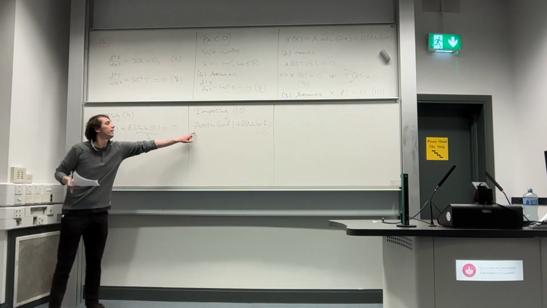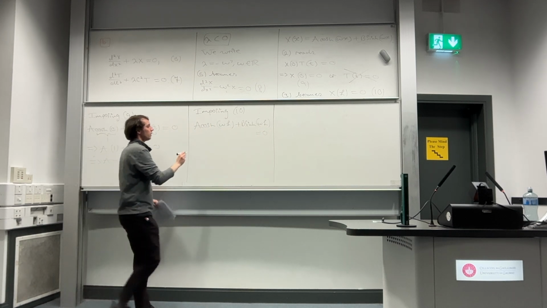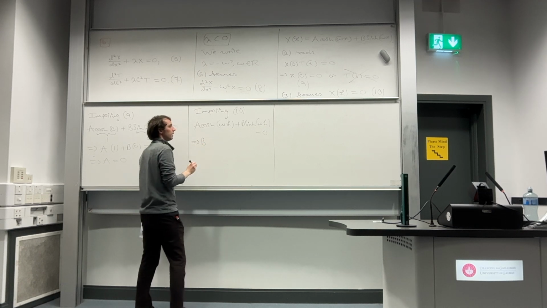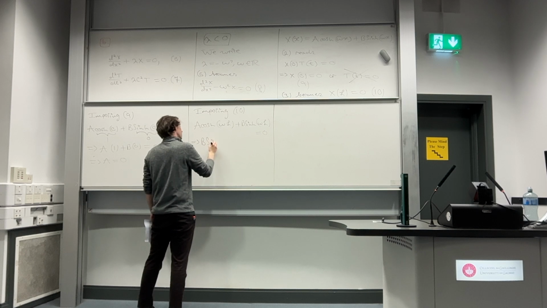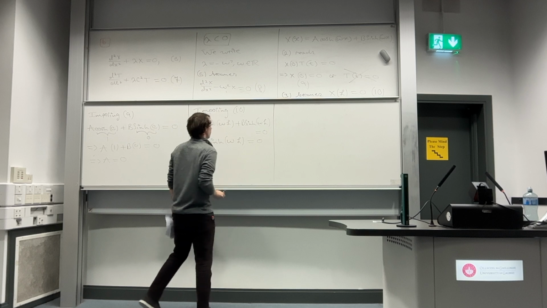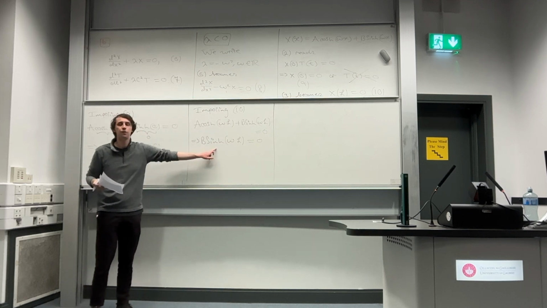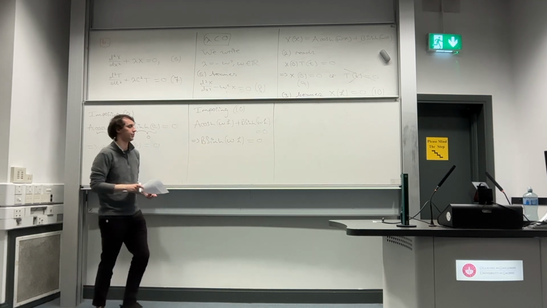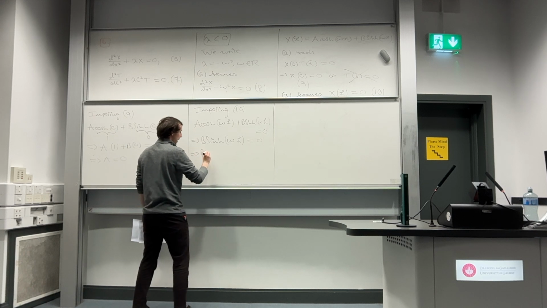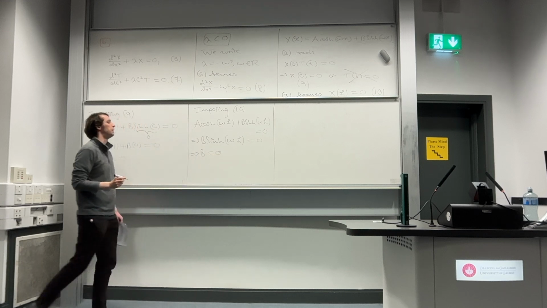But recall that a is 0, which tells us that b sinh of omega L is equal to 0. Now sinh of omega L here is not equal to 0, so we can divide both sides of this equation by sinh of omega L, which will tell us that b is equal to 0.